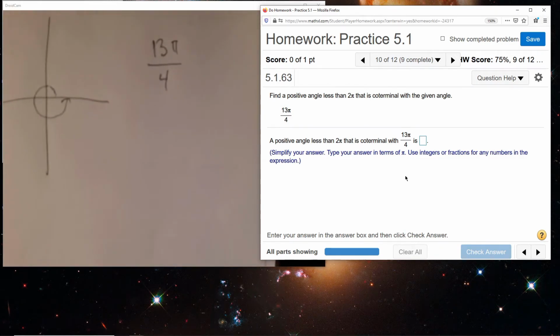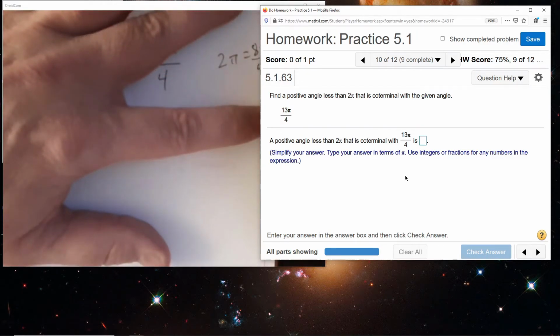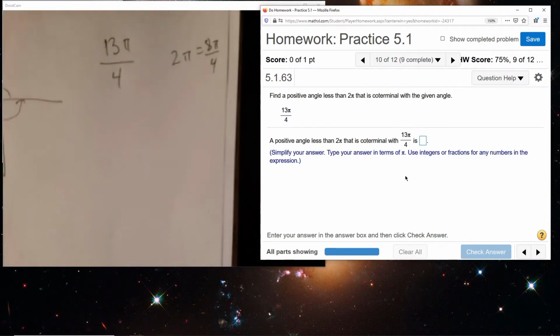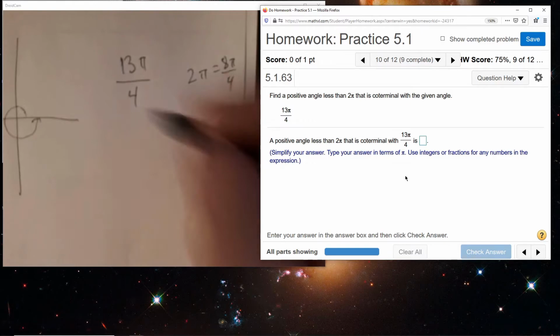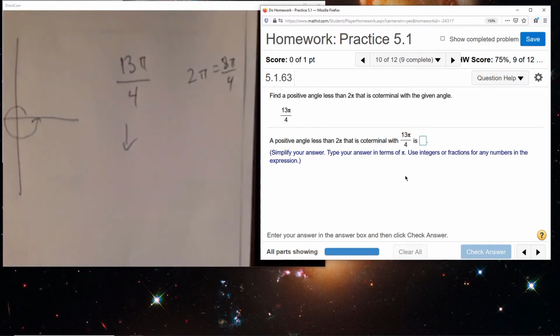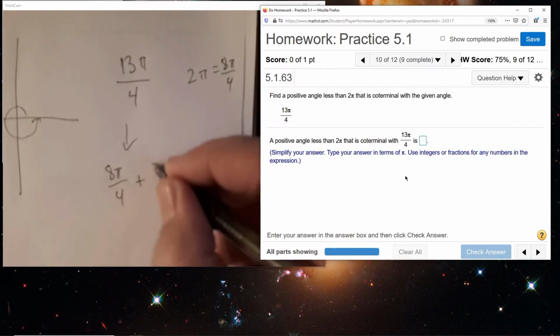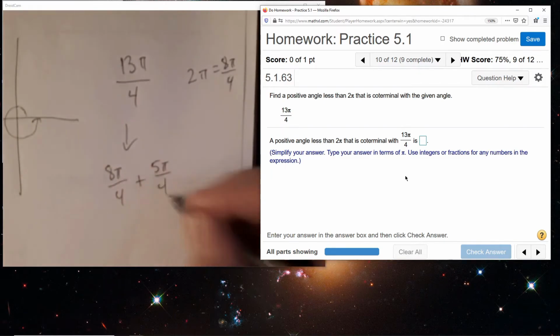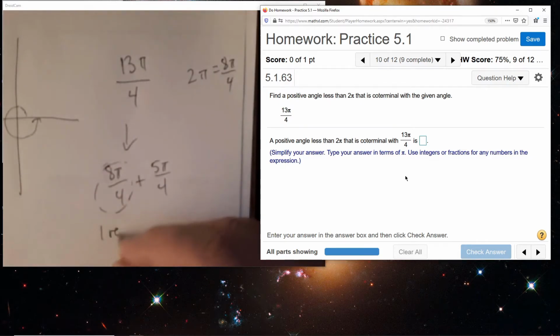So again, you want to ask yourself, is there a full revolution in here? Remember, a full revolution is 2 pi, which is 8 pi over 4. So 13 pi over 4 we can write as 8 pi over 4 plus 5 pi over 4, where 8 pi over 4 is 1 revolution.